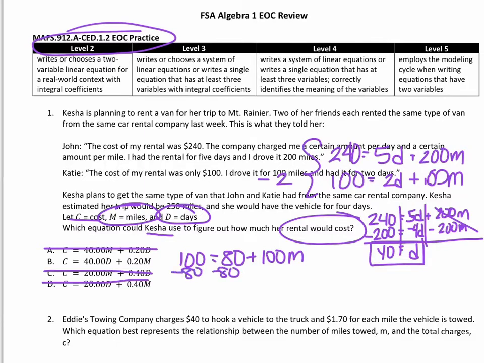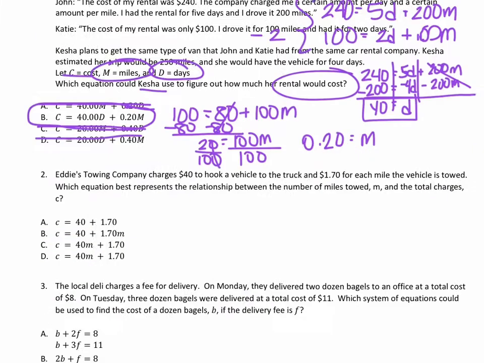Whatever I do to one side, I do to the other. I get 20 equals 100M. And then I divide by 100, which that goes away. It's 1/5, which is 0.20. So number 2, or letter B, is correct.